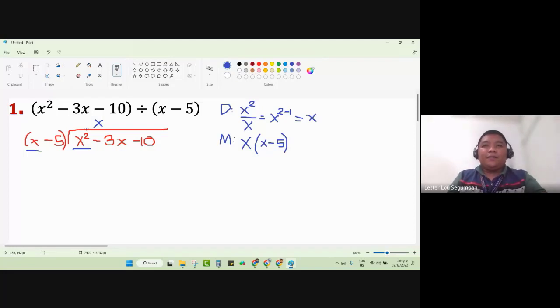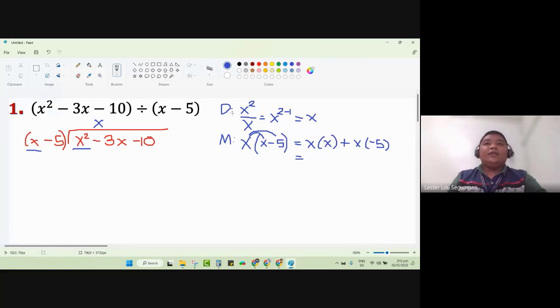The distributive property allows us to multiply x times x. As mentioned last time, you may always use plus as a separator, and you will have x times negative 5. When we use plus as a separator, the subtraction becomes the sign of the second term, hence you have negative 5. After this, you solve it step by step. This is under multiplication, hence we use the multiplication law.